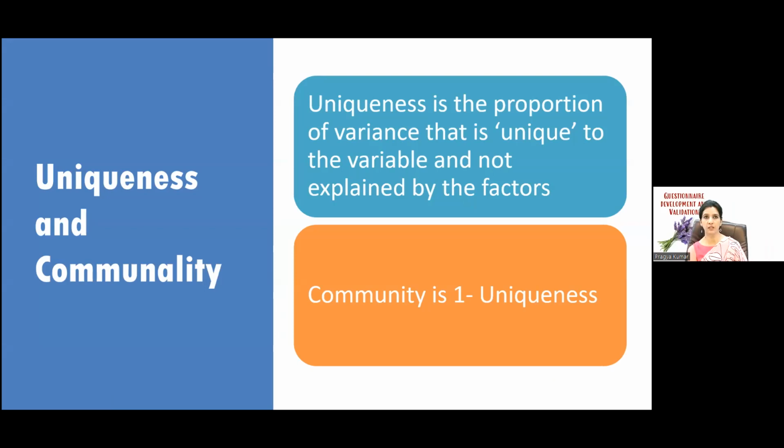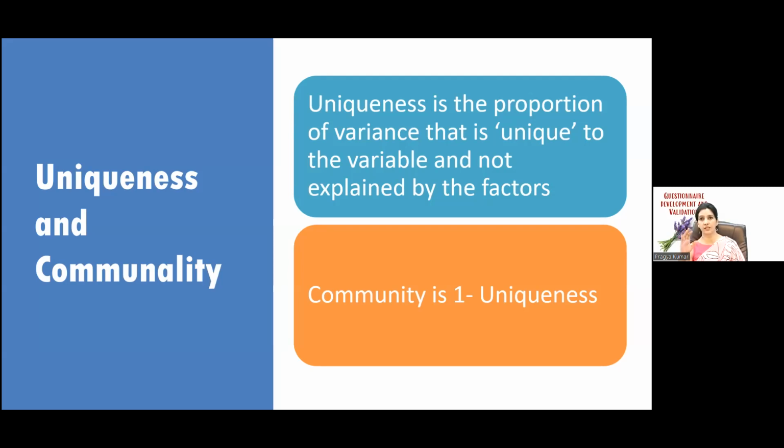Now there's another concept, which is known as uniqueness and communality. What is uniqueness? We remember we call that the variance. First I will define communality. Please forgive me, in communality I have by mistake written community.